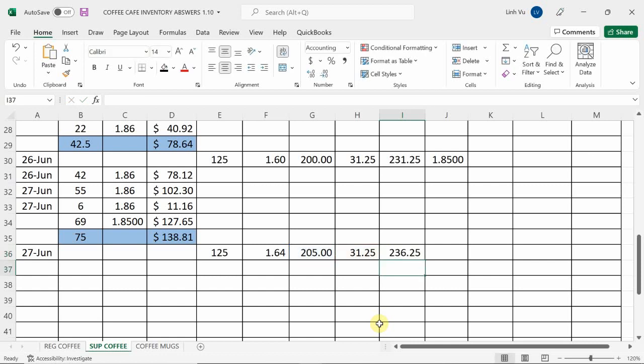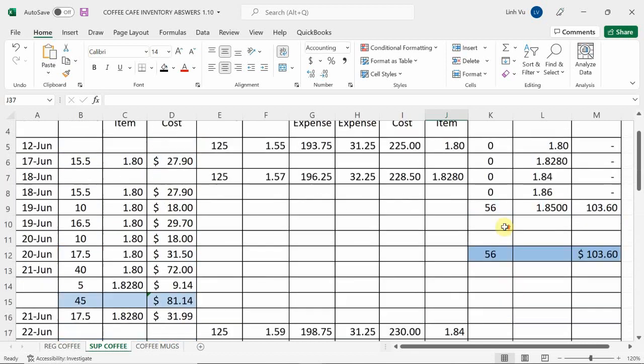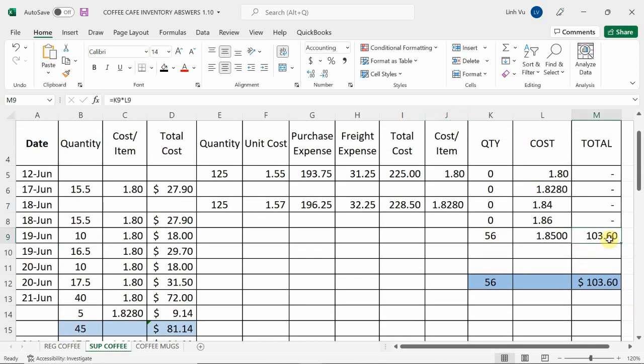Okay, 236.25. We need to separate our cost here. So in this case, what's my cost per item going to be? $1.89. So in this case, let's pop our inventory into our inventory on hand.